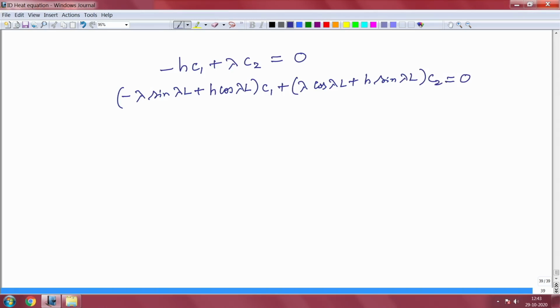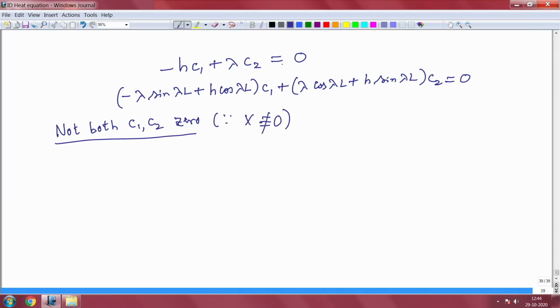So, we have to determine C1 and C2, and we have got two equations. Okay. What we want is not both C1, C2 being 0, because X is not identically 0.